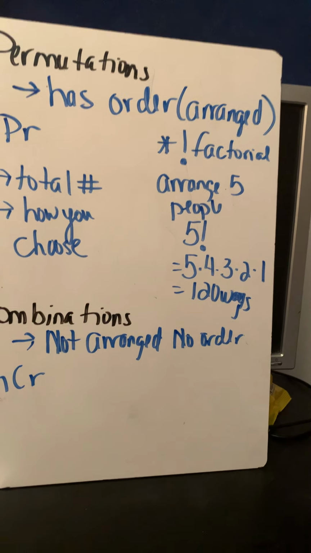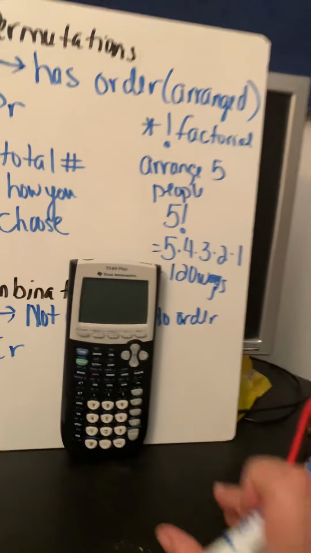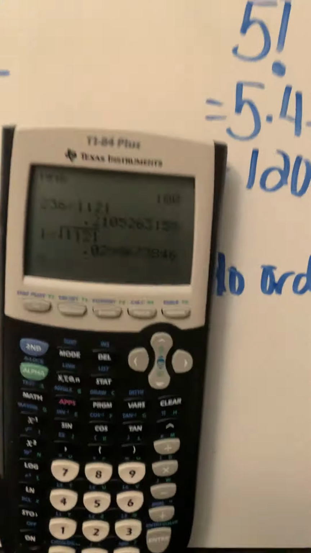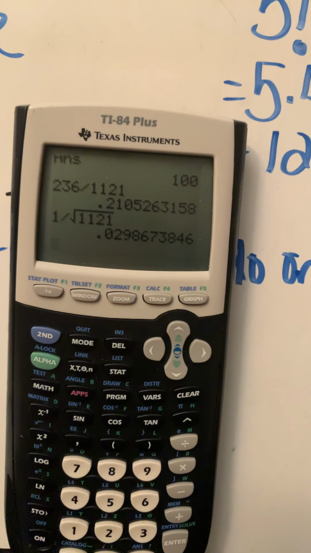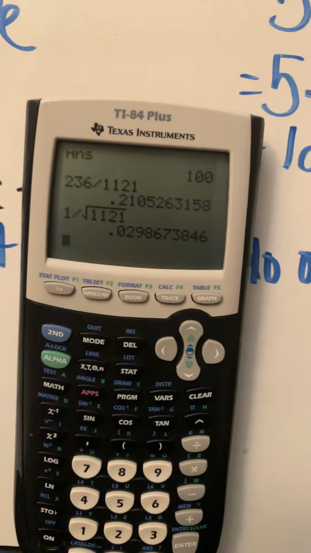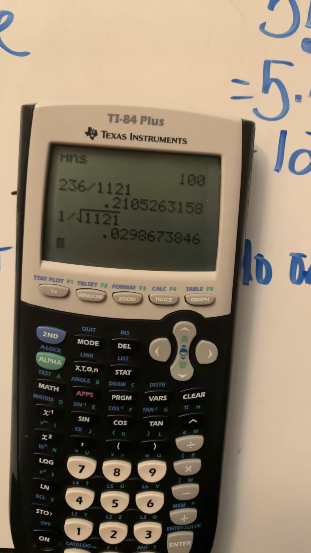So what I'm going to have you do is some of these on calculators. Now, I know a lot of you don't have the fancy calculator, and that's no problem. You don't need a fancy calculator to do them. Almost all scientific calculators have a probability button. So, let's say I wanted to find 5P3.